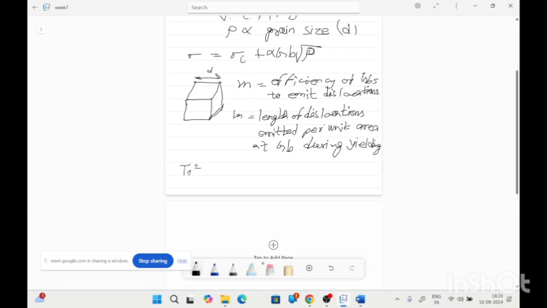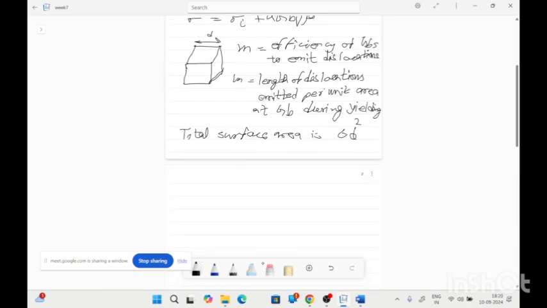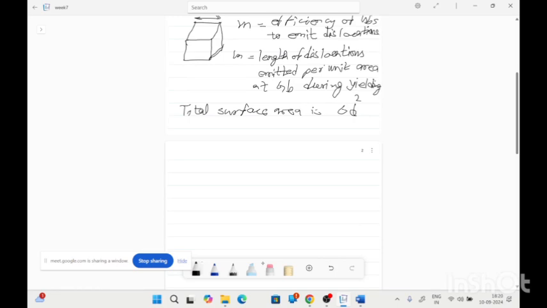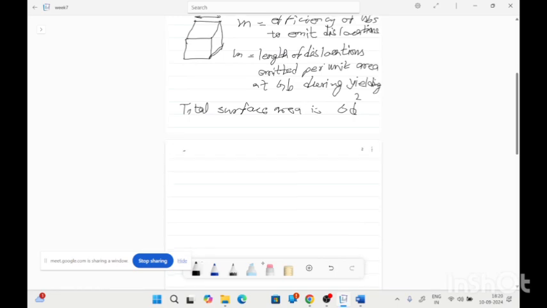So the total surface area of this grain will be 6D square, and the total length of dislocation emitted by a grain boundary is written as half of 6D square multiplied by m.